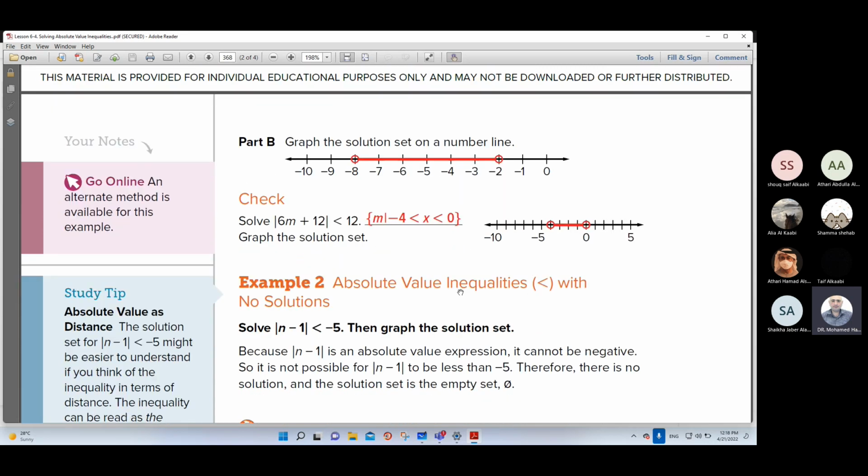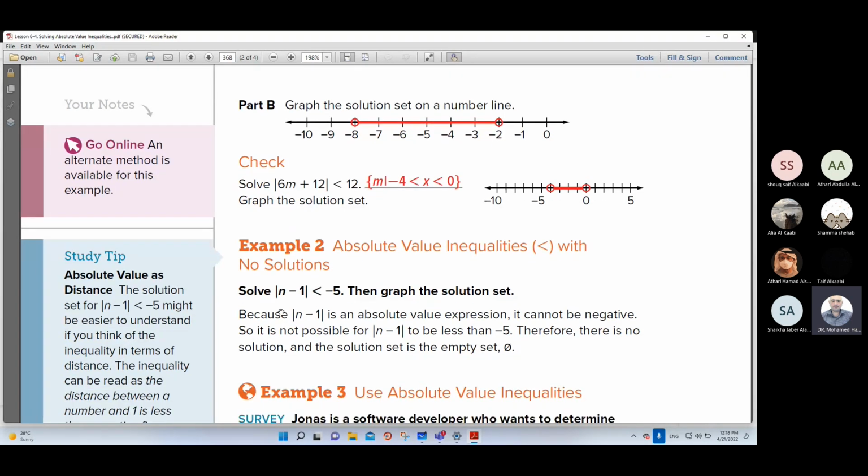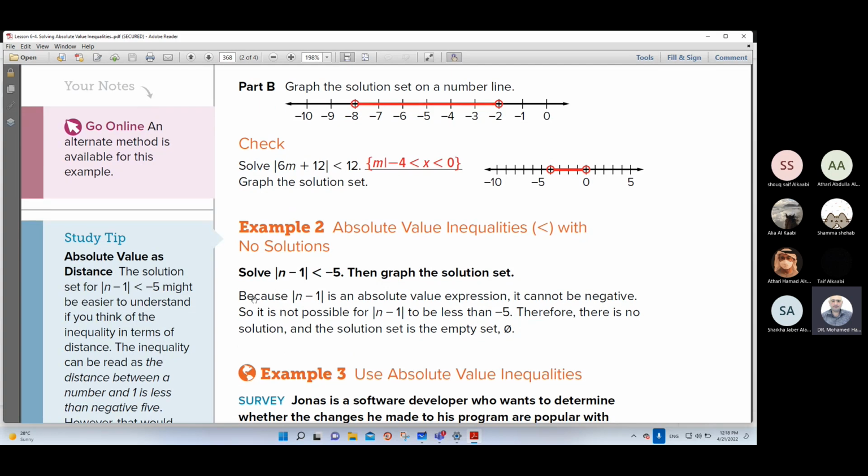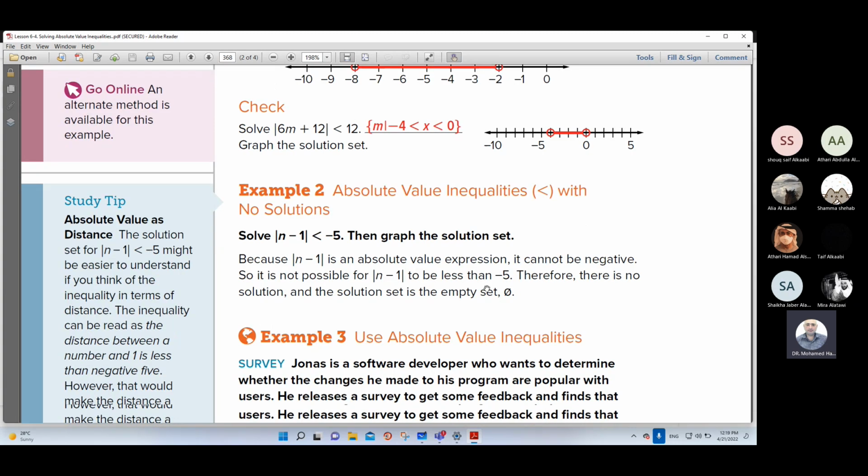Now, absolute value inequalities less than with no solution. For example, solve the absolute value of n minus 1 less than -5. Then graph the solution set. Because the absolute value of n minus 1 is an absolute value expression, it cannot be negative.